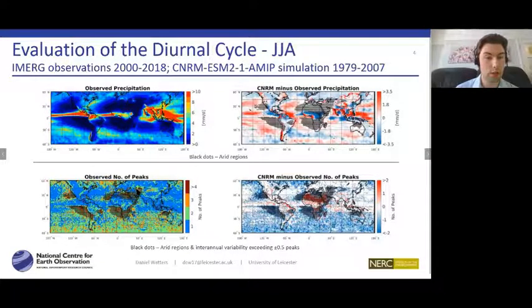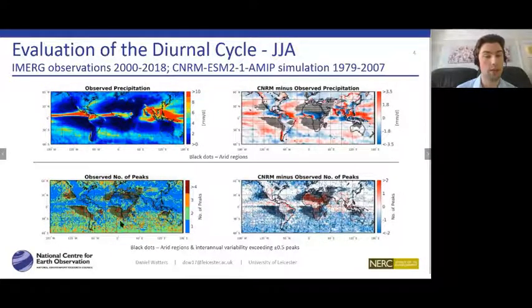Then looking at the number of peaks in the diurnal cycle from the observations, you can see that in June, July, August, the northern hemisphere is summertime and the southern hemisphere is wintertime. In the summertime hemisphere at the north, we're able to see that the diurnal cycle tends to have one peak over the ocean and over the land.